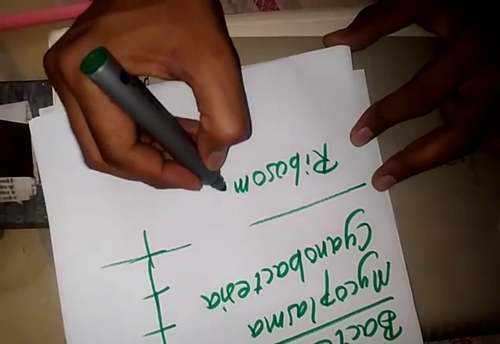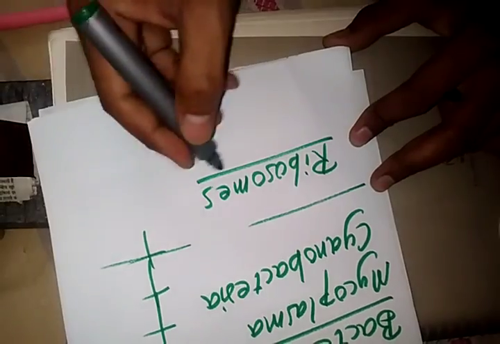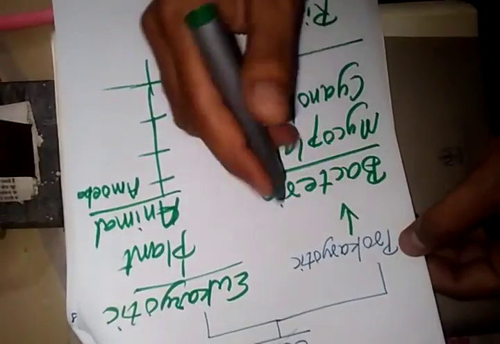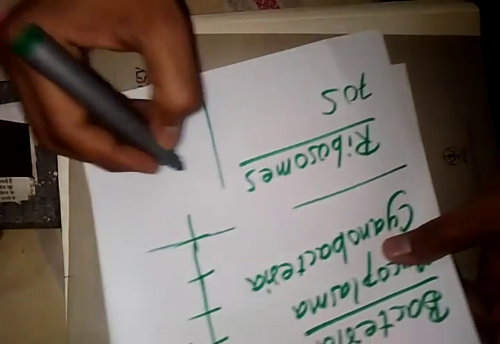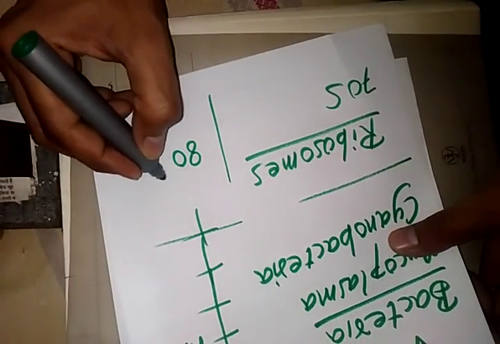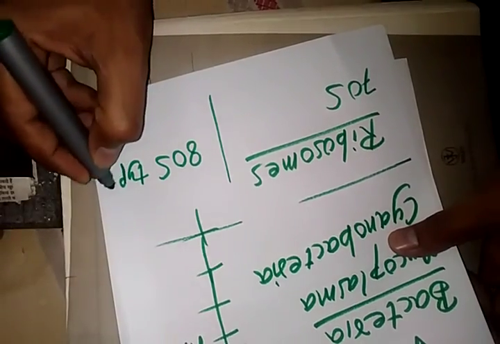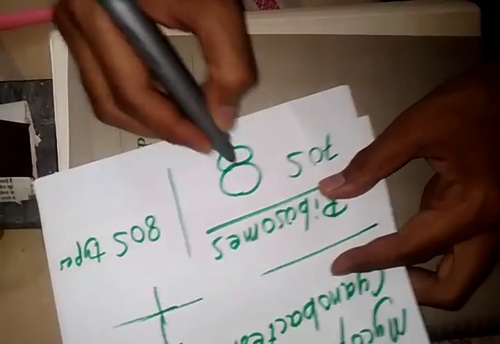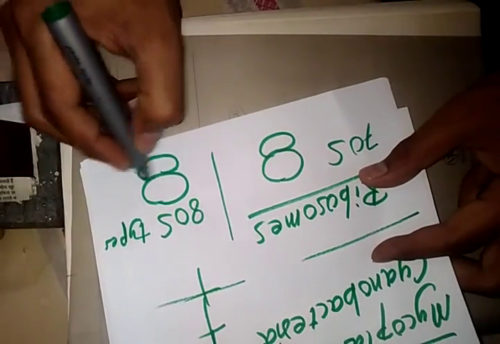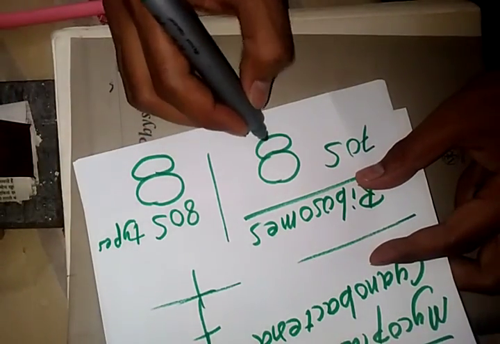Okay, and the differences are already explained, except one difference we have not discussed about ribosomes. They are present in both prokaryotic and eukaryotic cells, but in prokaryotes ribosomes are of 70S type, while in eukaryotes they are of 80S type. Each ribosome is made up of a larger subunit and a smaller subunit.